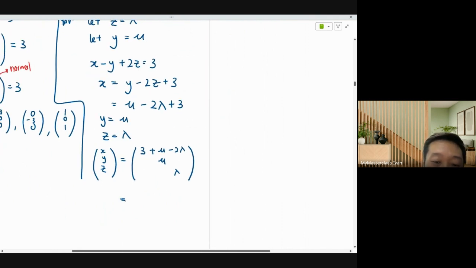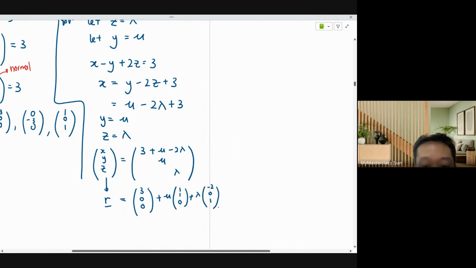Then you can form x, y, z means R. This will be (3, 0, 0) plus mu (1, 1, 0) plus lambda (minus 2, 0, 1). This will be your original one. This one is D1 and this one is D2.